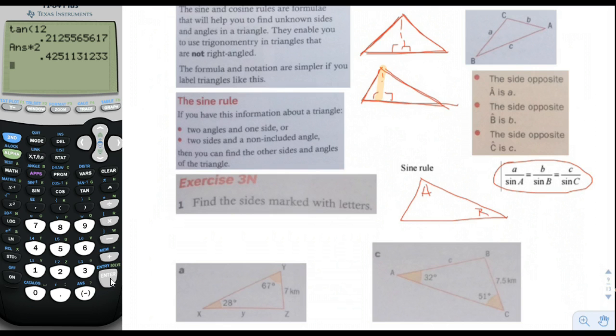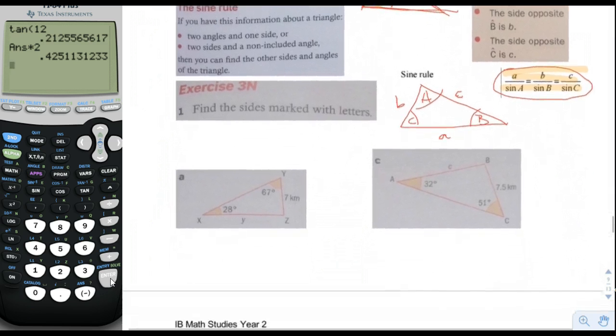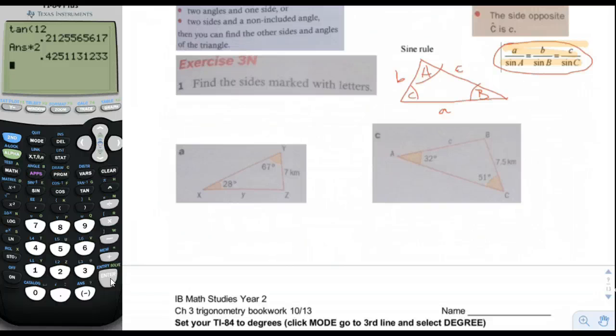So if we have A, B, and C angles, then we know that the sides are located like this also. So when you start filling in numbers into the law of sines, for example, which is a relationship that enables you to relate all the angles and sides of a triangle that is not right-angled, you know which one is which. That's just something you need to know to use these rules.